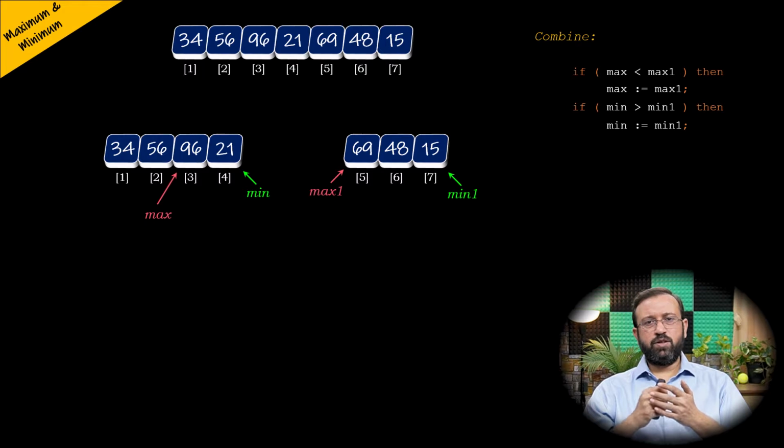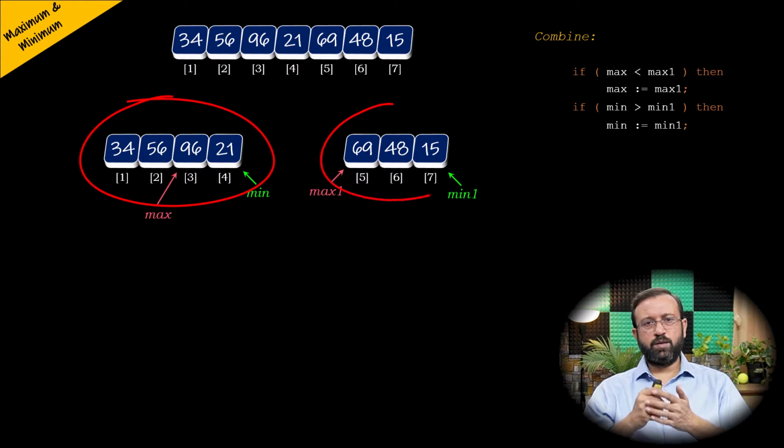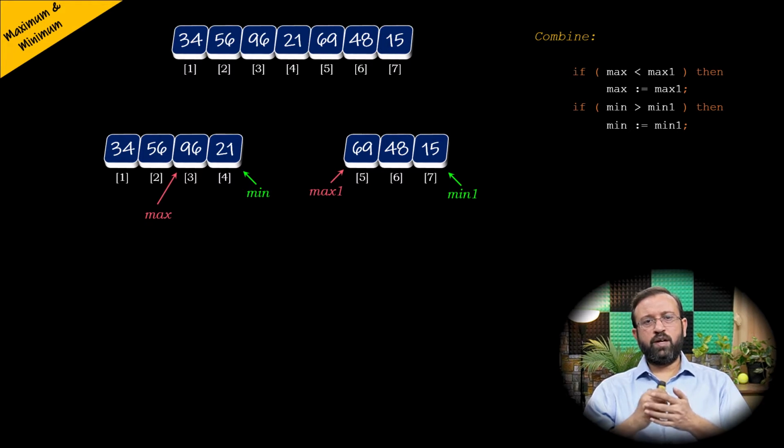Now let us combine the solutions of this left and right subarrays. So when we combine the solutions, we will compare max from the left subarray with max1 from the right subarray. In the same way, we will compare min from the left subarray and min1 from the right subarray.